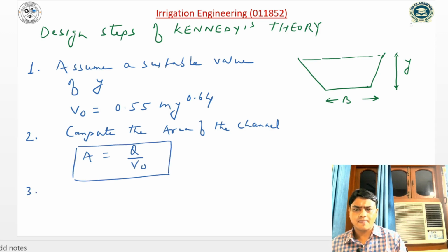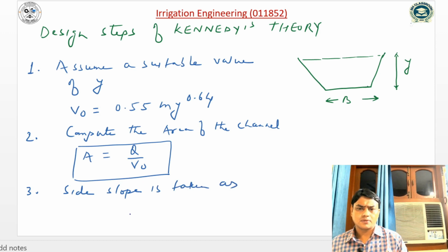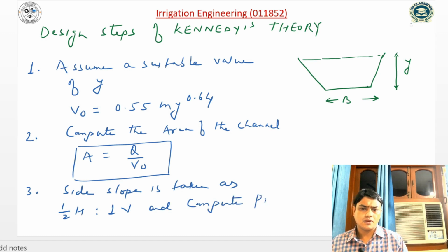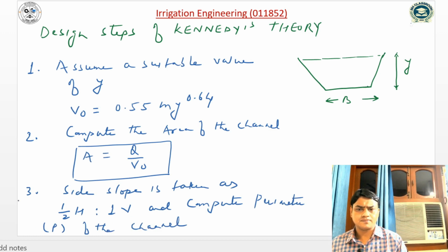Third step, side slope is taken as half horizontal to 1 vertical, and compute the perimeter of the channel.